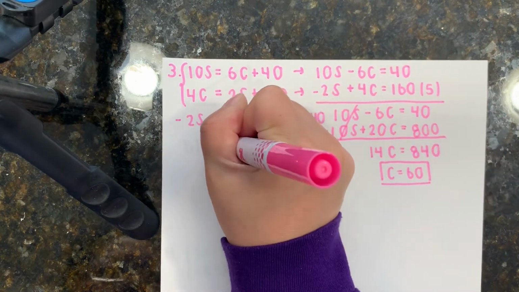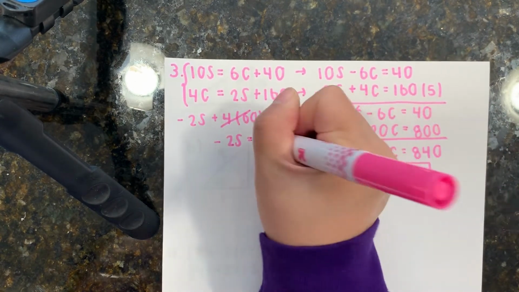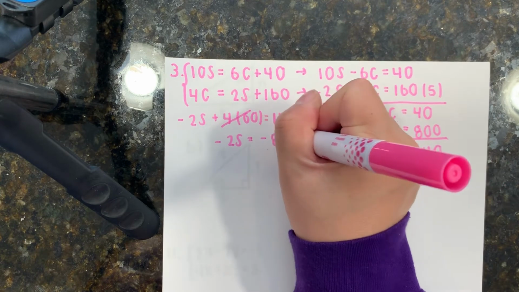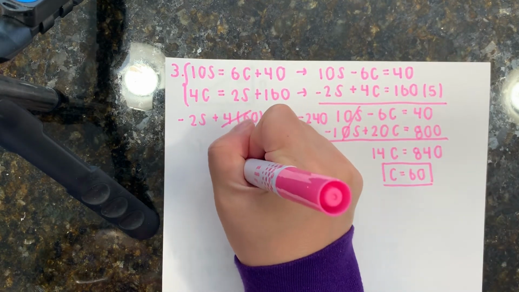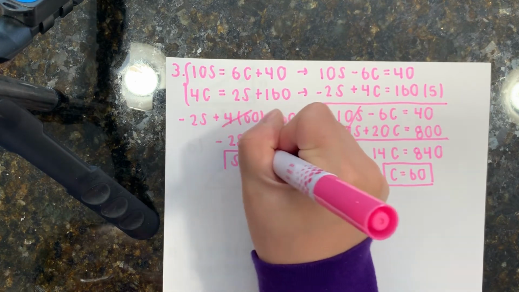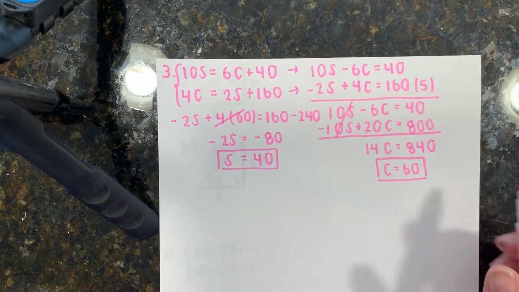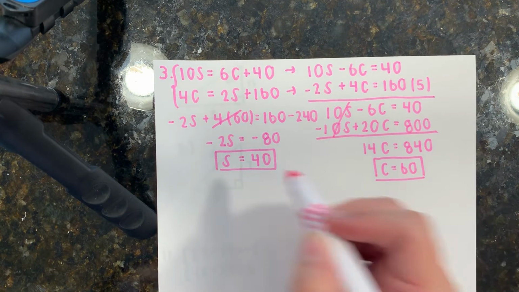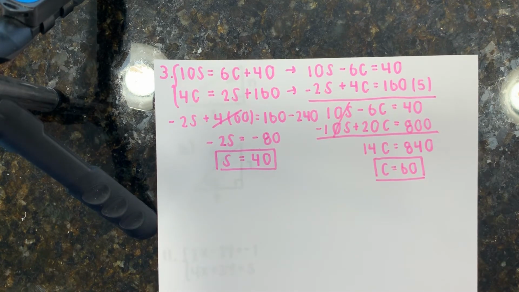So I have negative 2s is equal to negative 80. And then divide by negative 2, so s is going to be equal to 40. So c is the number that coruscated, so that's 60, and the number that sparkled was 40.